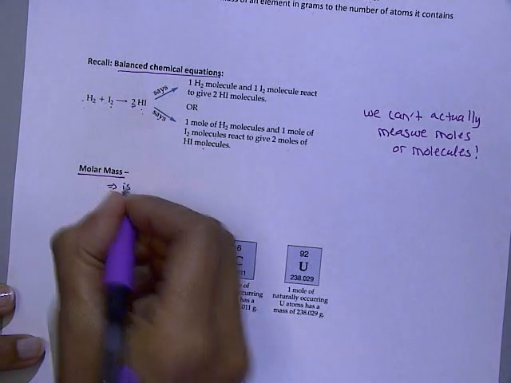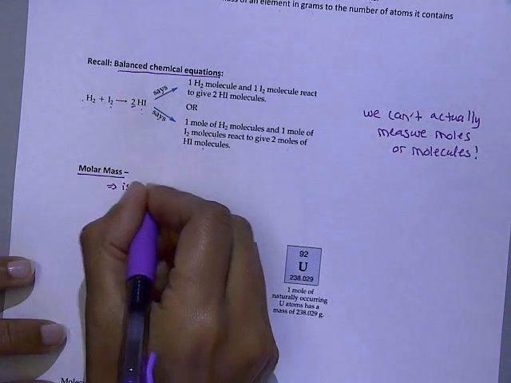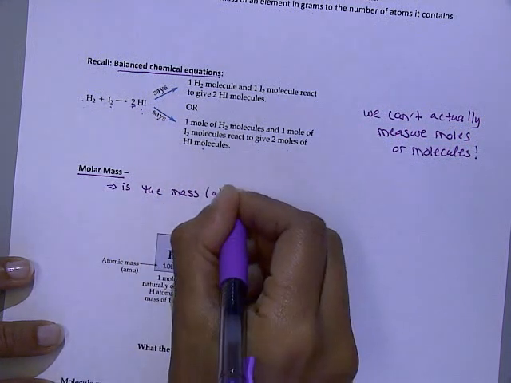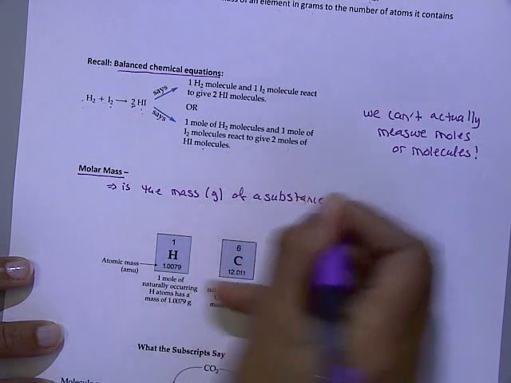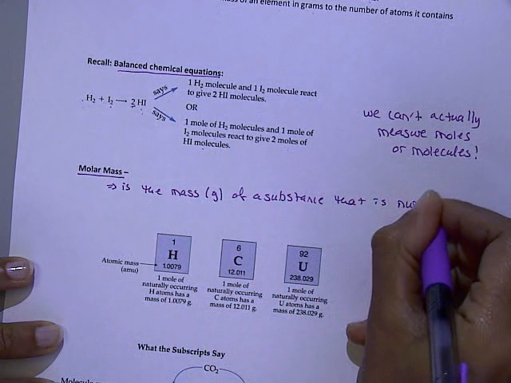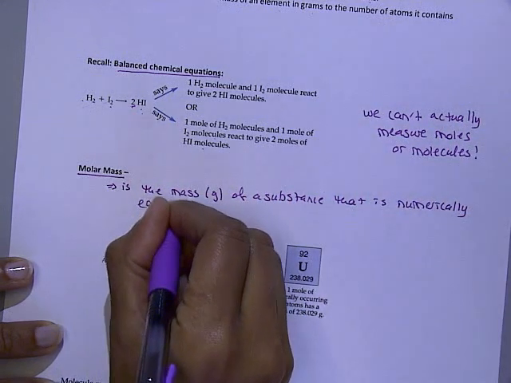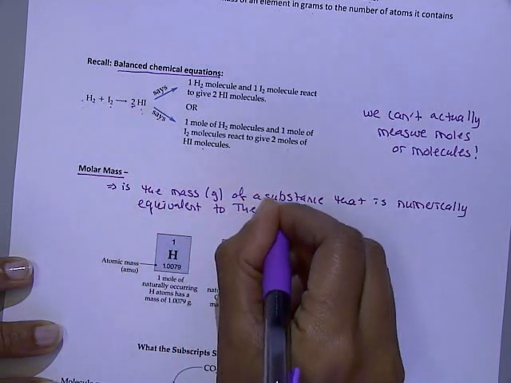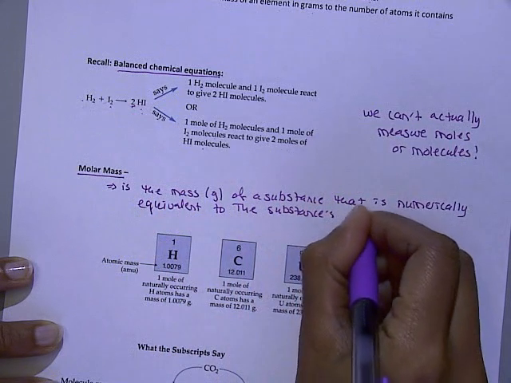Molar mass, if you recall, we briefly introduced this in chapter 2 and chapter 3, is the mass in grams of a substance that is numerically equivalent to the substance's atomic mass.